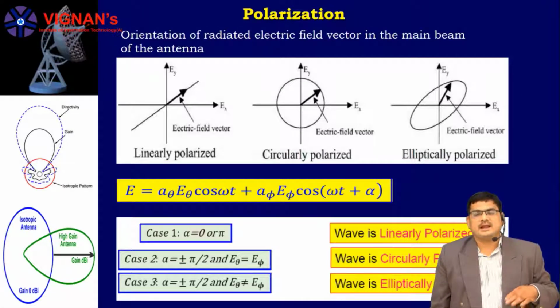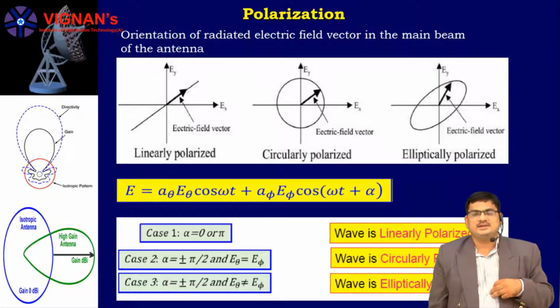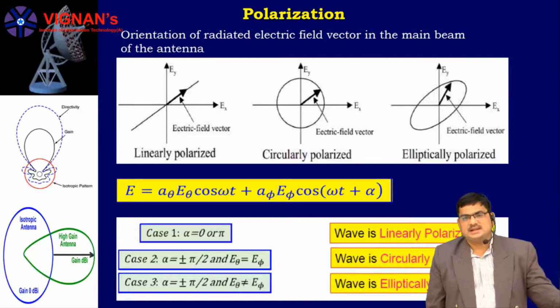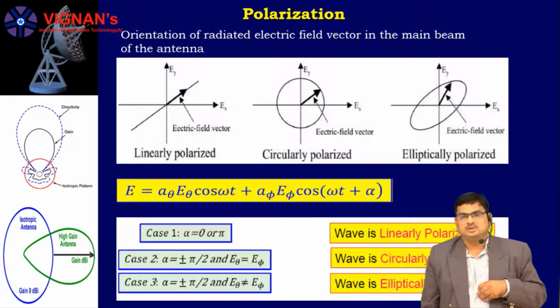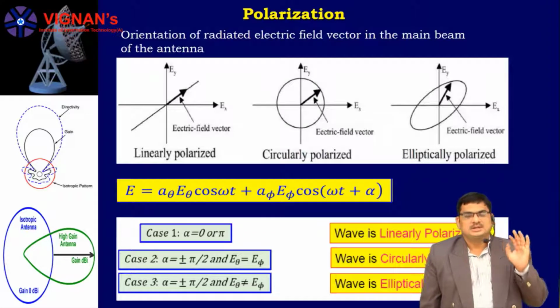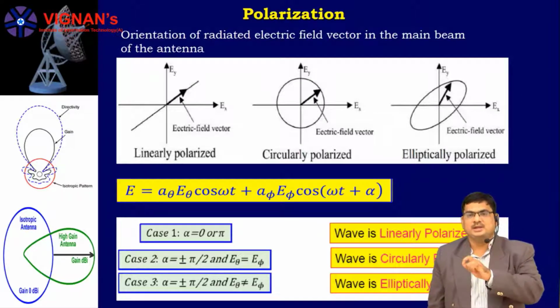If your electric field vector is in the horizontal direction, we say it is horizontal polarization. If it is traced along a line at some angle, it is called theta polarization. So linear polarization means the electric field vector is in one line direction only.